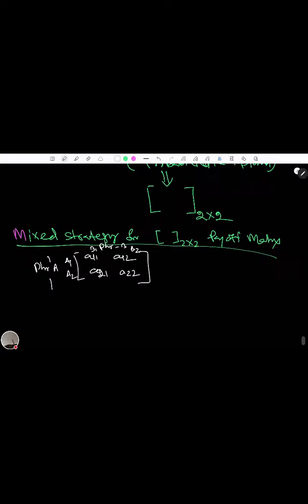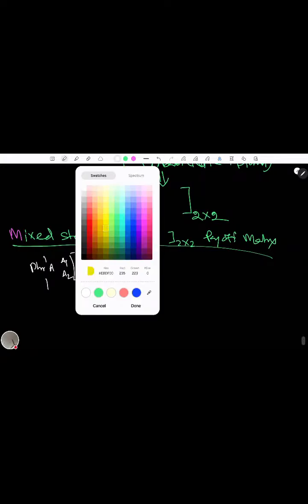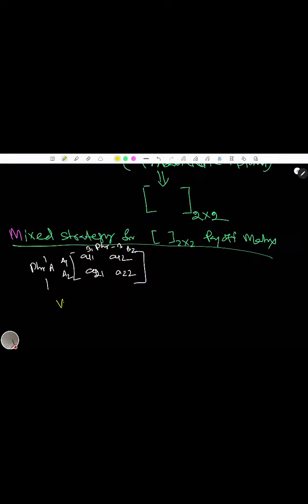Then what is the value of the game? The value of the game here is a11 into a22 minus a12 into a21, divided by a11 plus a22 minus a12 minus a21.